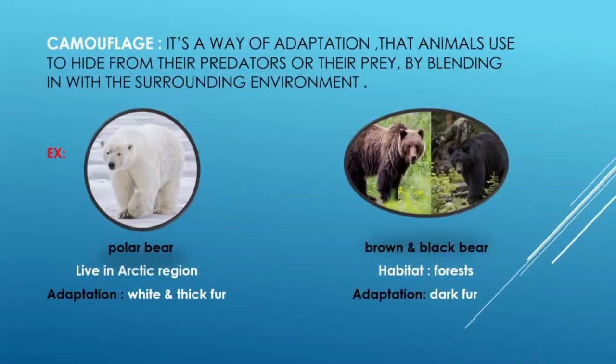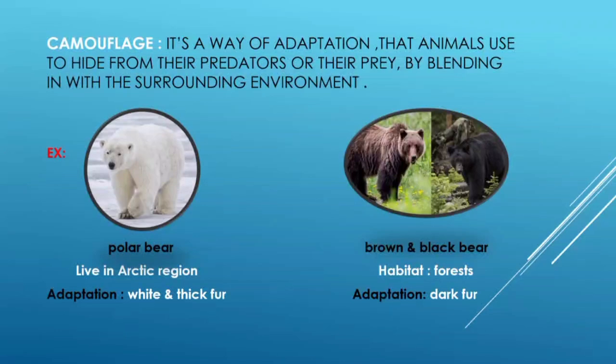Again, the polar bear, which lives in an icy and cold environment, adapted by having white and thick fur. White fur helps it blend with the white snow in its environment and sneak up on its prey. And thick to stay warm in its cold environment.